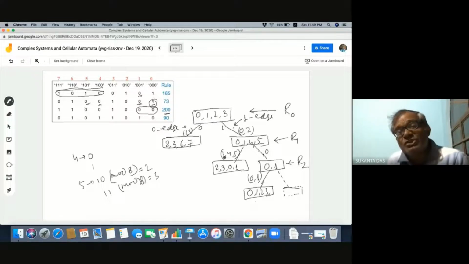From 0, I can go here, right? 0 to 0 and 0 to 1. So the edges, they are the RND sequences, right?